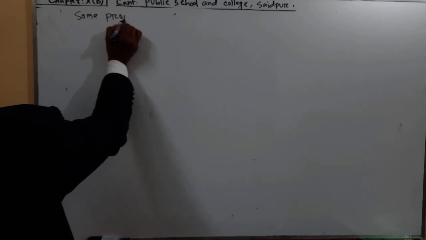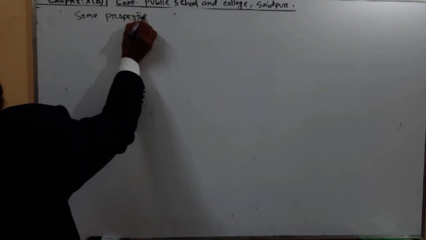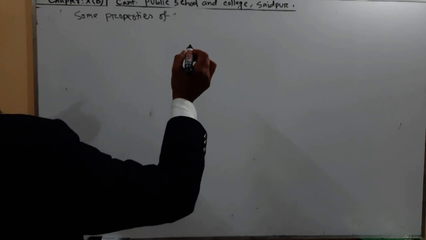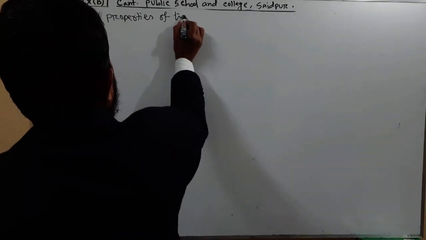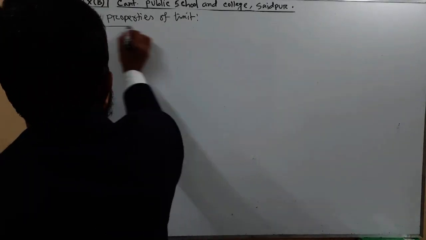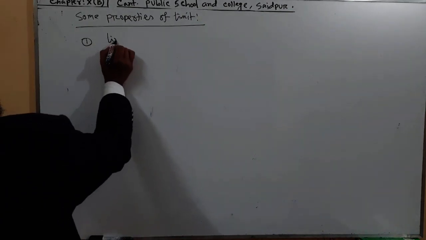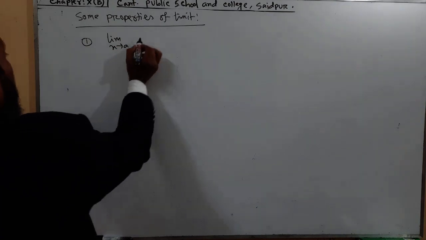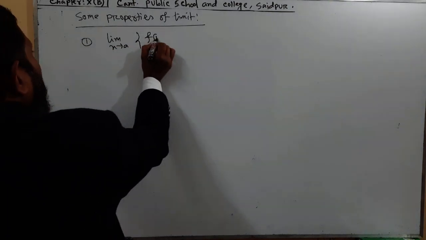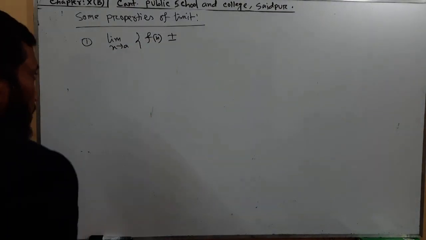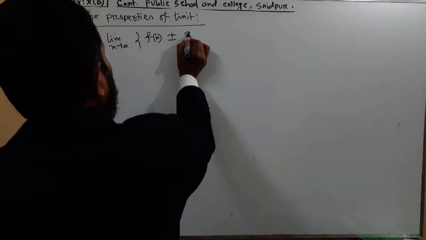Some properties of limit. Limit x tends to a of f of x plus or minus g of x.